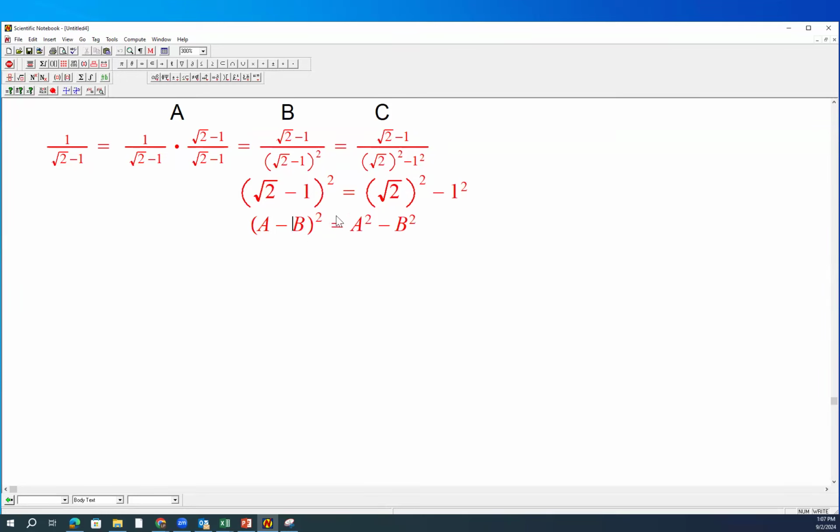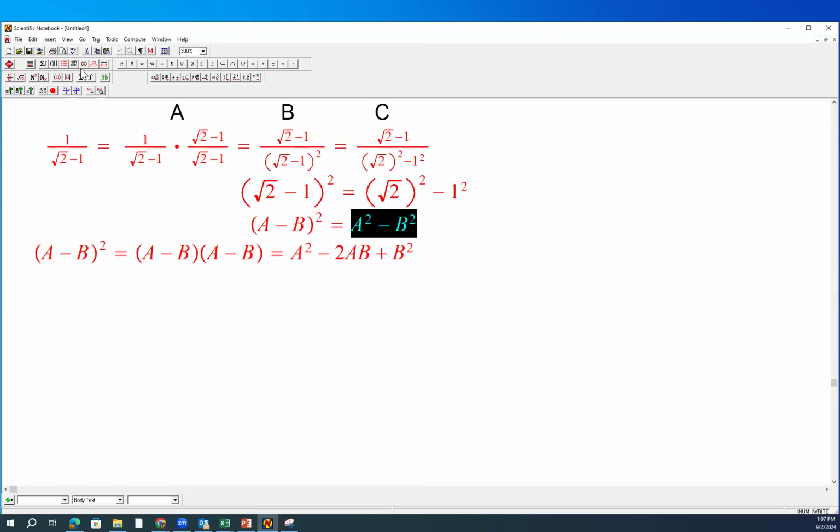We know that because (a minus b) squared, with a minus b in parentheses squared, equals a minus b times a minus b, which equals a squared minus 2ab plus b squared.